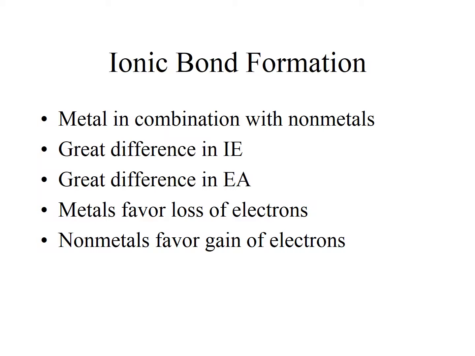The reason is that there's such a great difference in their ionization energy and electron affinity that the metals will easily give up their electrons and nonmetals take them. That means the metal always has a positive charge and the nonmetal, which is carbon most of the time, although it can be oxygen or nitrogen in our organic molecules, always has a negative charge.